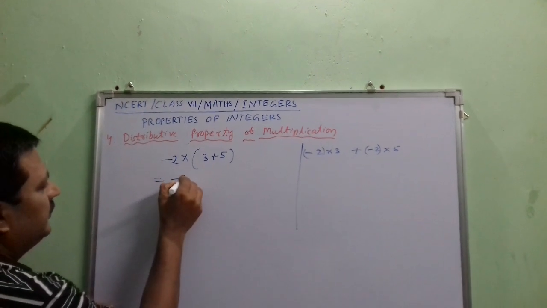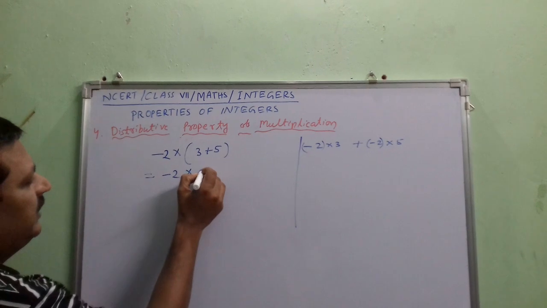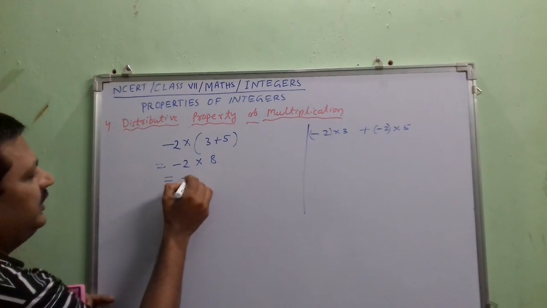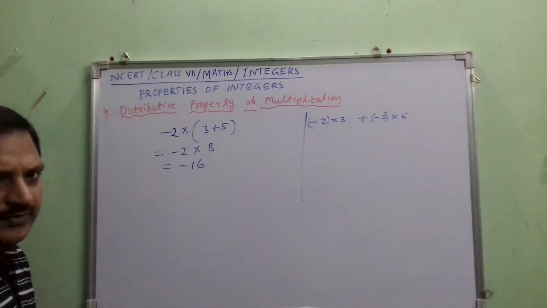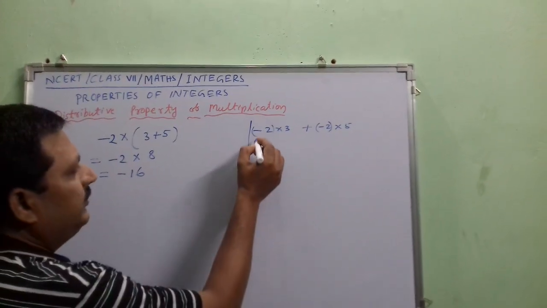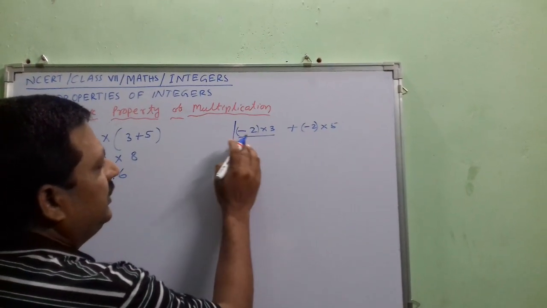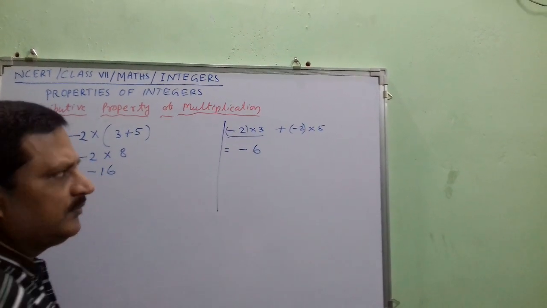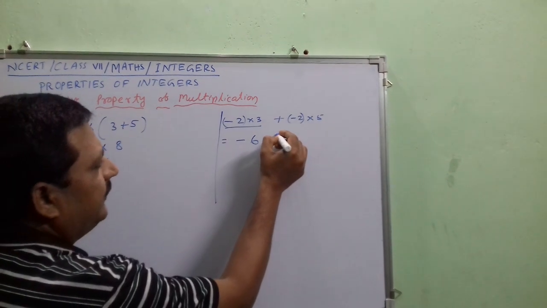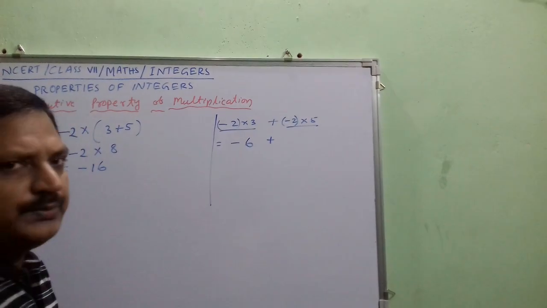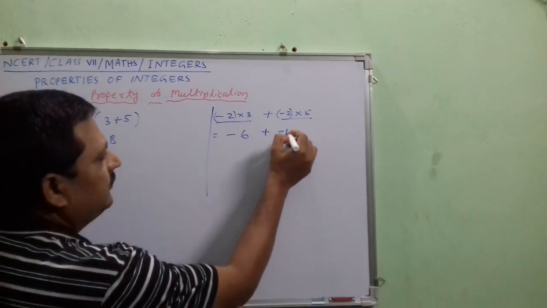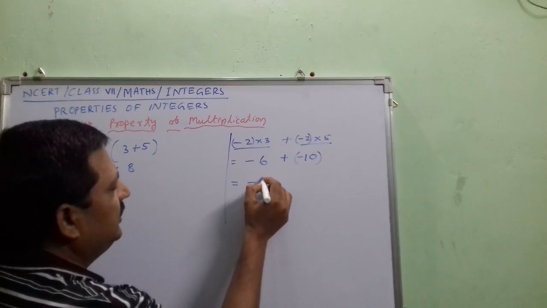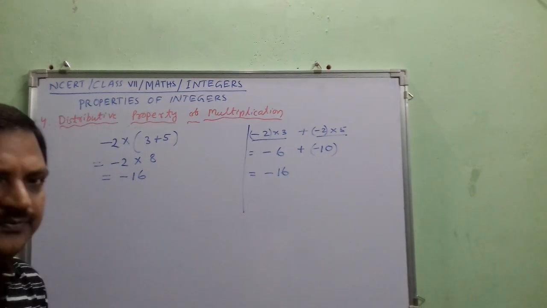What is the result? 3 plus 5 is 8, so minus 2 into 8 is minus 16. Now minus 2 into 3 gives you minus 6, and minus 2 into 5 gives minus 10. Minus 6 plus minus 10 is also minus 16.